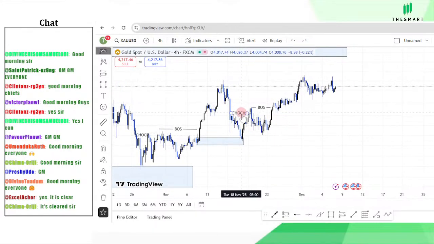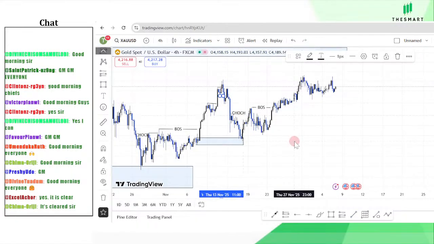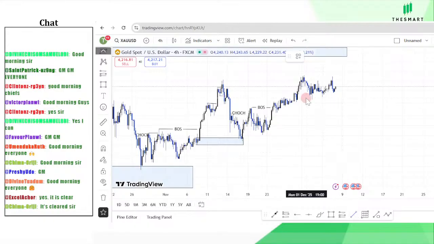I believe we all understood why we're having a change of character here, because if you get to mark here, we have a break of structure at this level, and price gave us a change of character at this low, followed by another break of structure. So this reversal here caused this change of character. At that point, we have this obvious break of structure here.